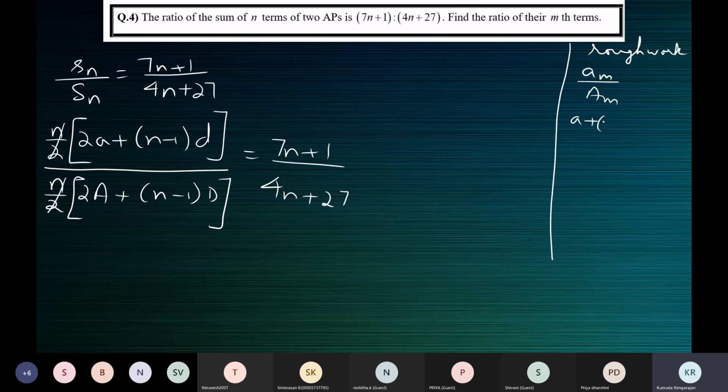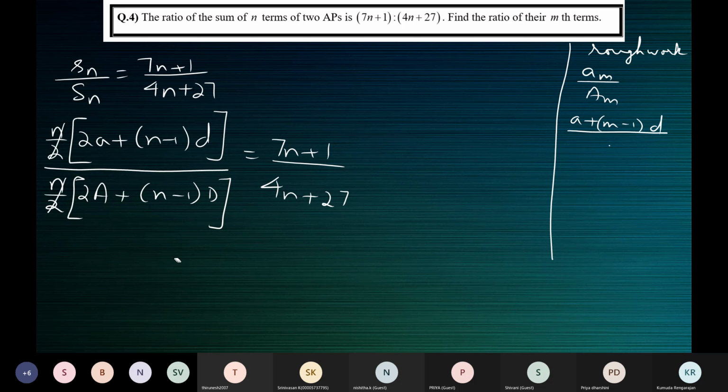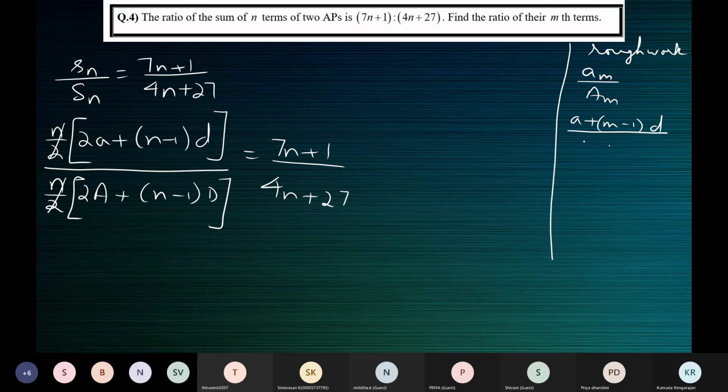That means we need to find a plus m minus 1 into d by capital A plus m minus 1 into capital D.